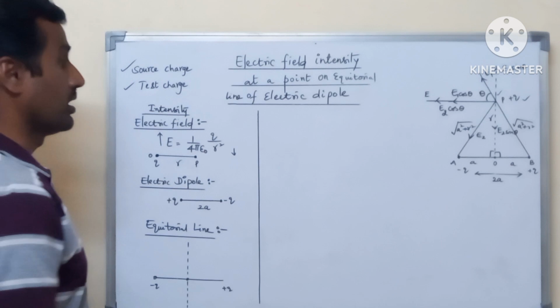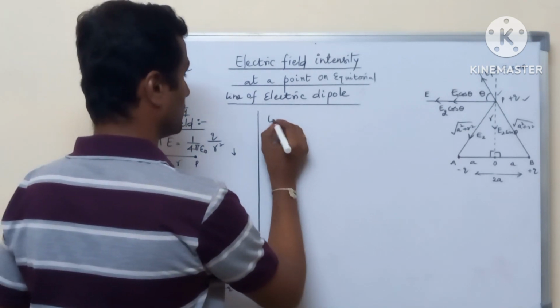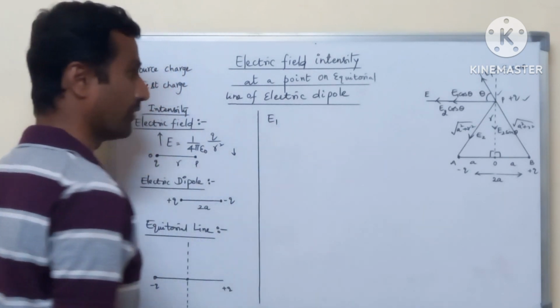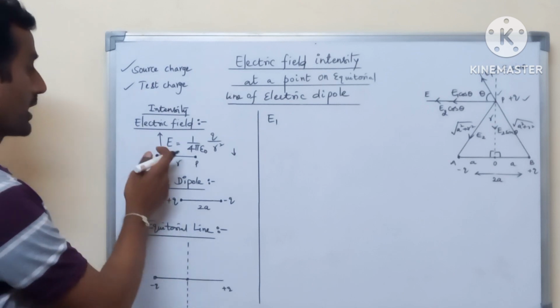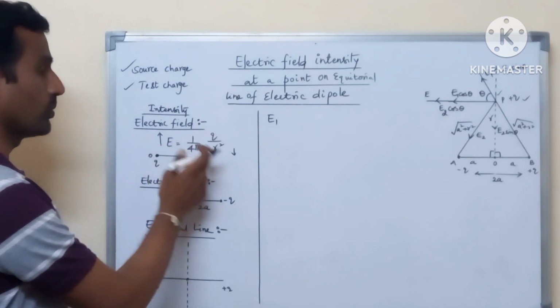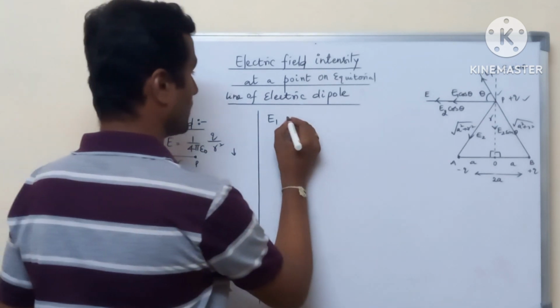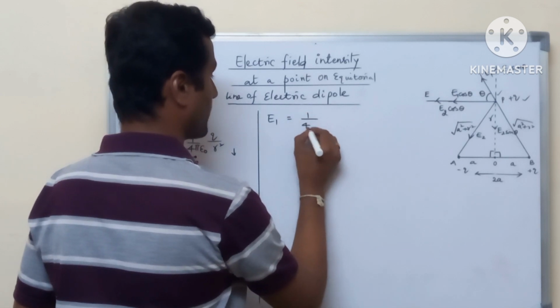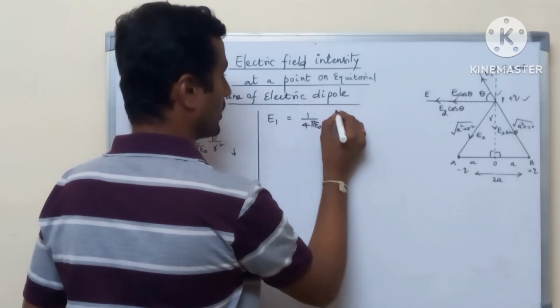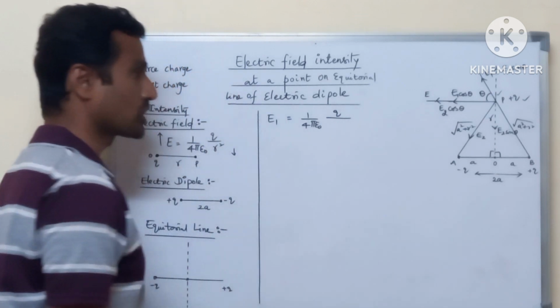Now let us write down the electric field intensity E1 by using the formula E is equal to 1 by 4 pi epsilon naught Q by R square. We get 1 by 4 pi epsilon naught q by r square.